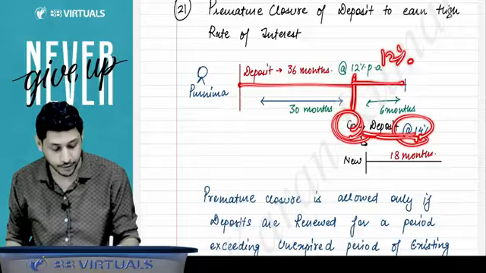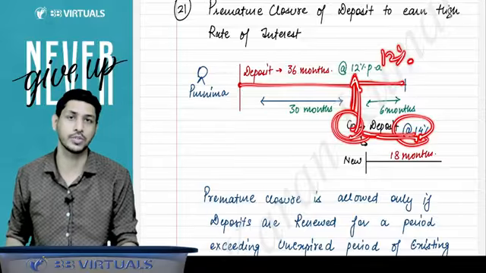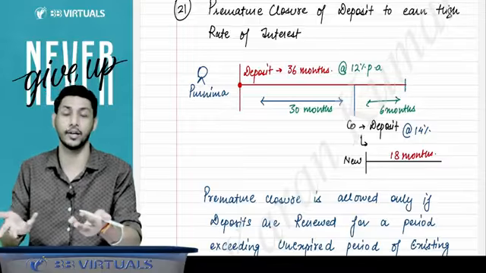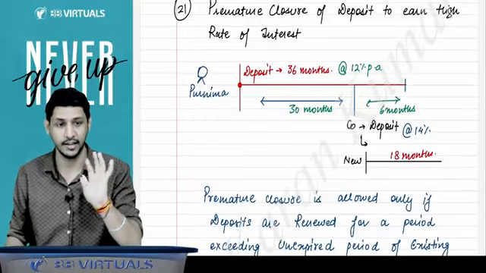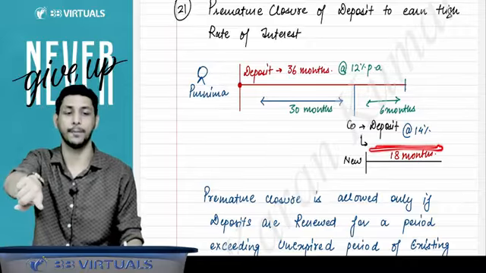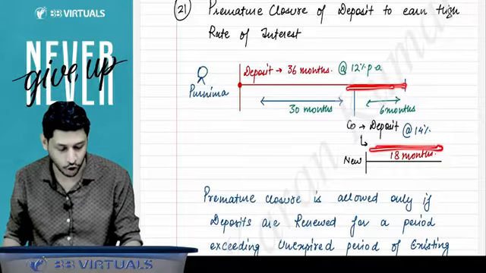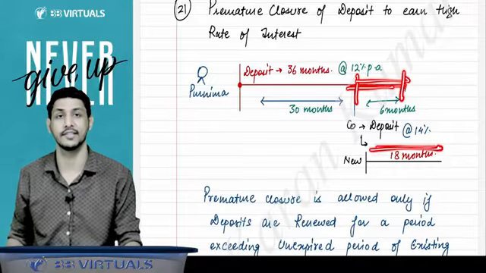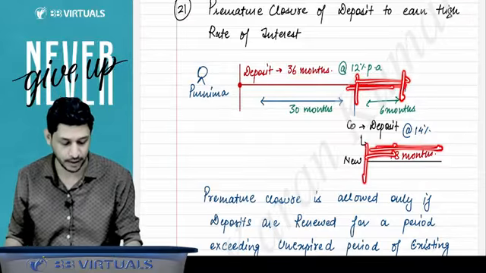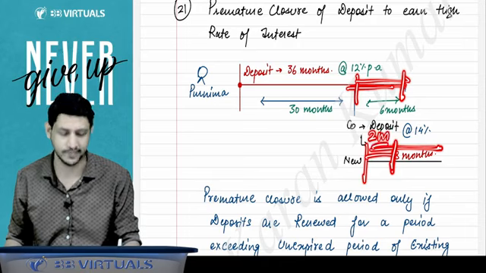So if a person wants to switch the deposit, can he switch the deposit? Yes, he can switch the deposit, in order to earn a higher rate of interest. But there is a condition that the new deposit tenure must be greater than the remaining tenure of your existing deposit. Then only it makes sense. Suppose the company is coming up with new deposits only for 2 months.